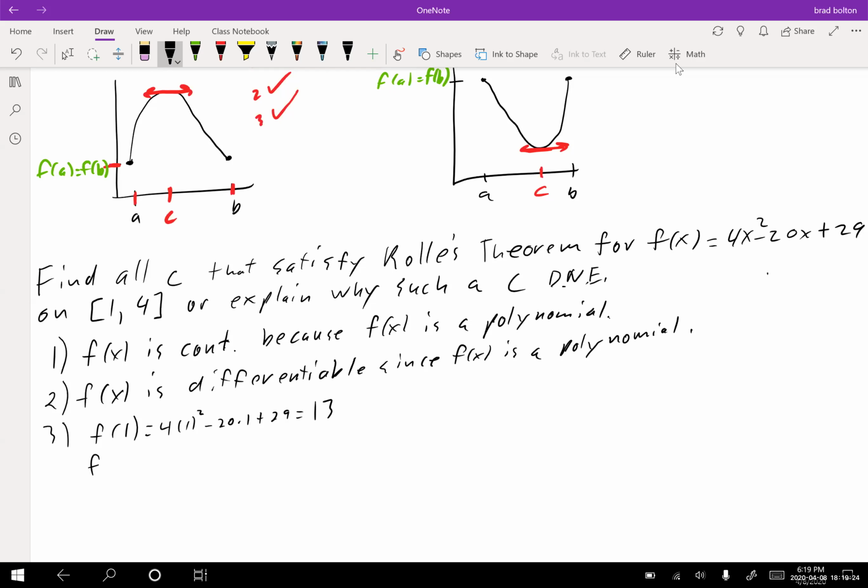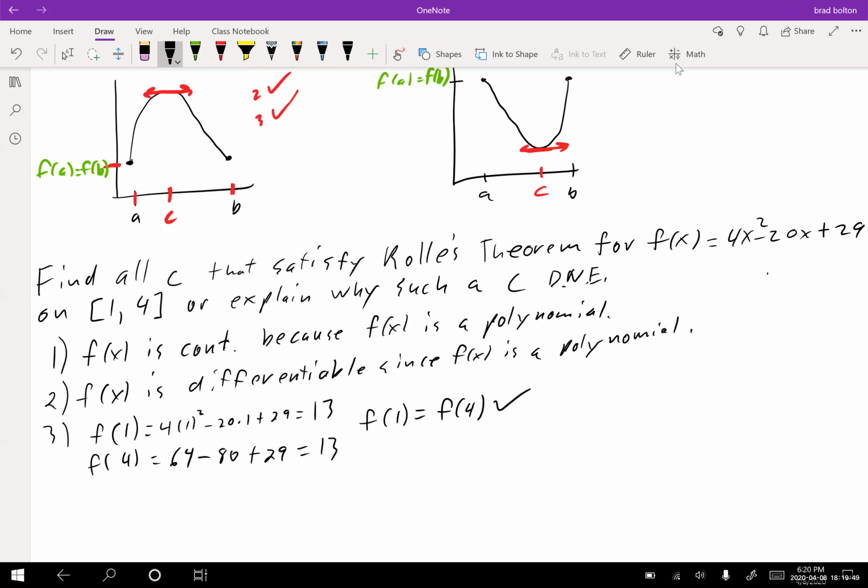And let's see what we get from f of 4. So 4 squared times 4 is actually 4 cubed, that'd be 64, minus 80 plus 29. So 93 minus 80 would be positive 13. So this means that f of 1 equals f of 4, right?